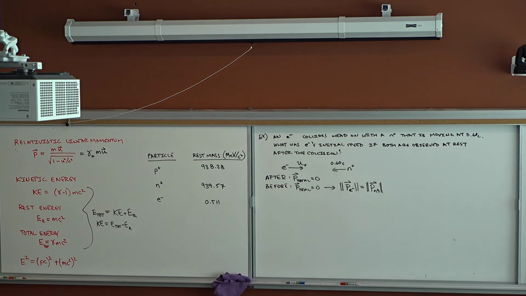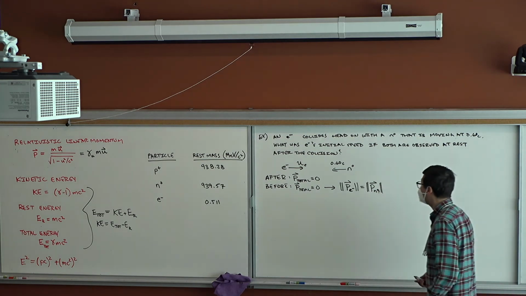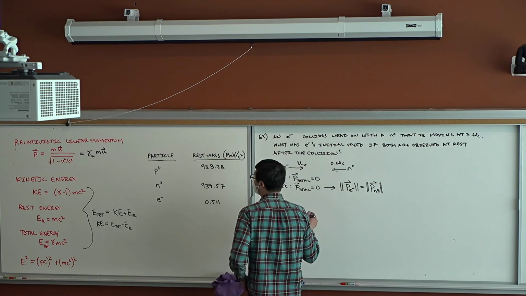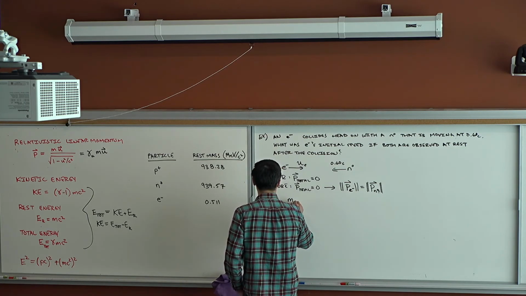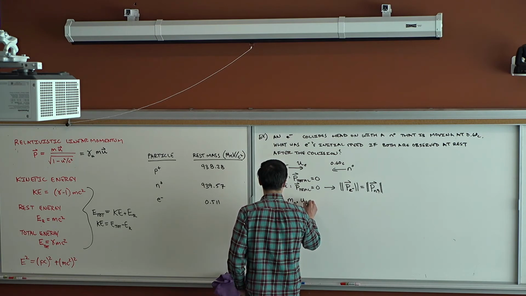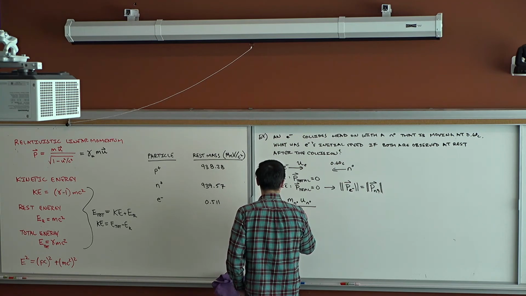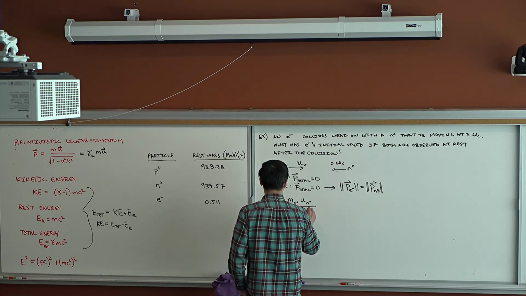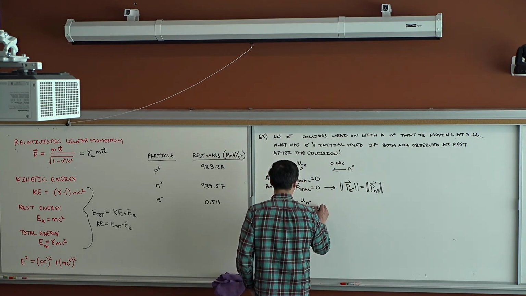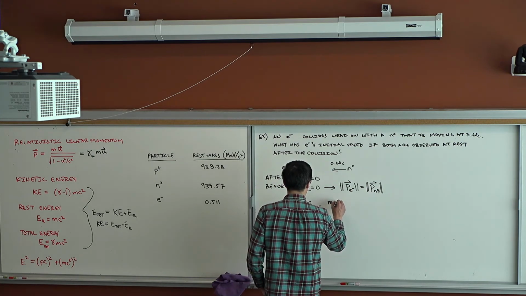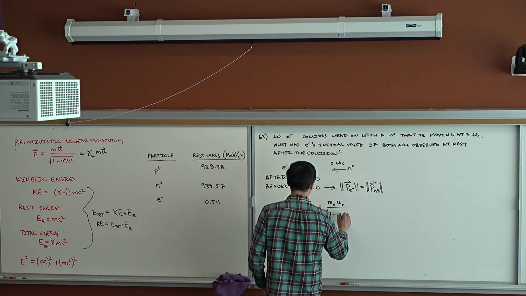So now it's just some tedious algebra. We are going to say that the neutron, m neutron, u neutron, in magnitude, over the square root of 1 minus u neutron squared over c squared, has to equal m electron, u electron over the square root of 1 minus u electron squared over c squared.